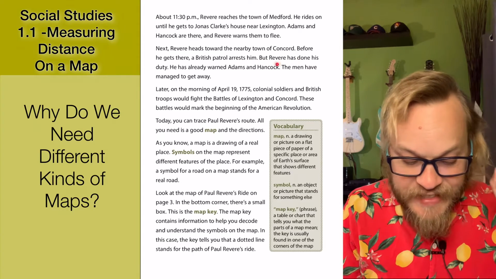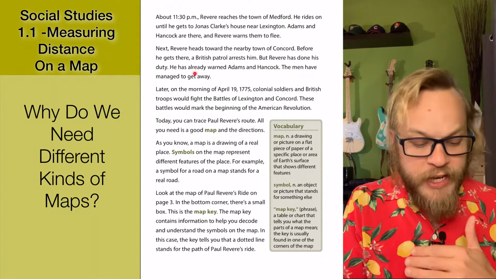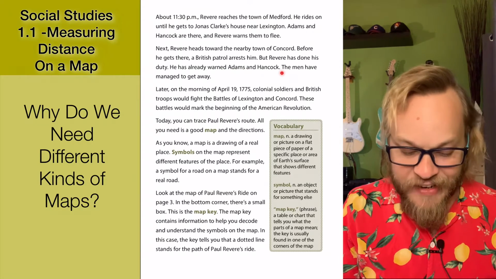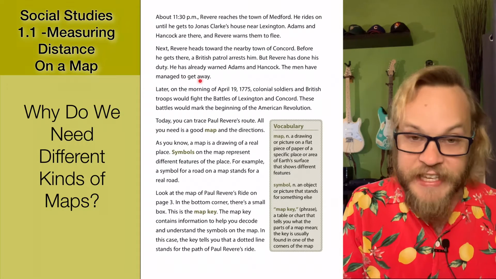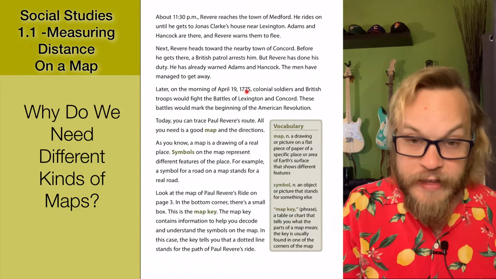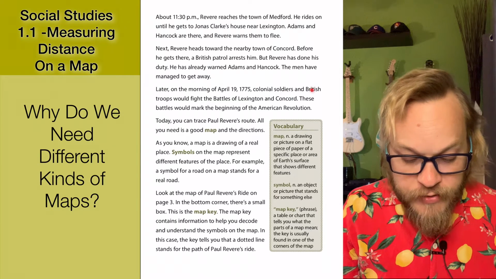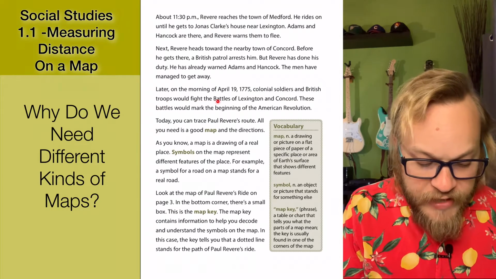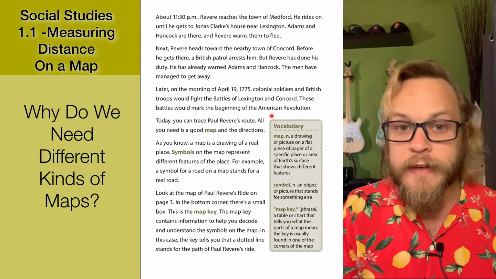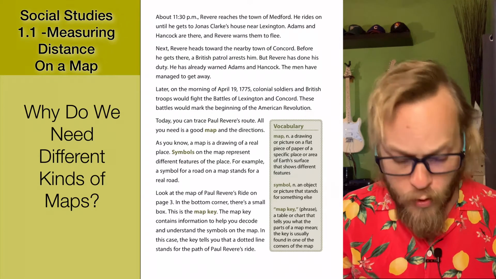But Revere has done his duty. He has already warned Samuel Adams and John Hancock. The men have managed to get away safely. Later on the morning of April 19th, 1775, colonial soldiers and British troops would fight the battles of Lexington and Concord. These battles would mark the beginning of the American Revolutionary War.